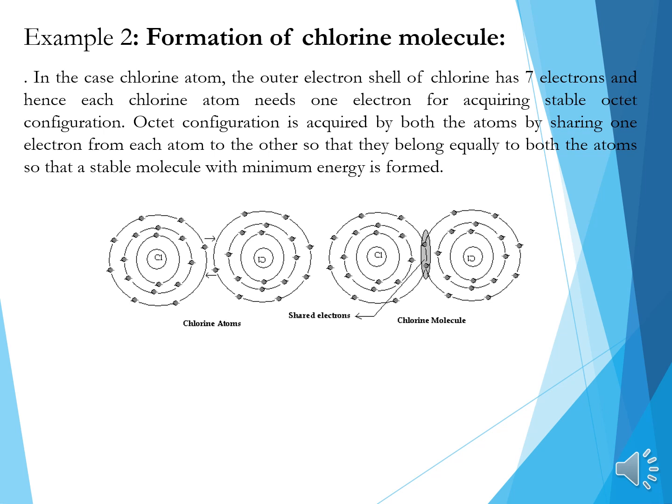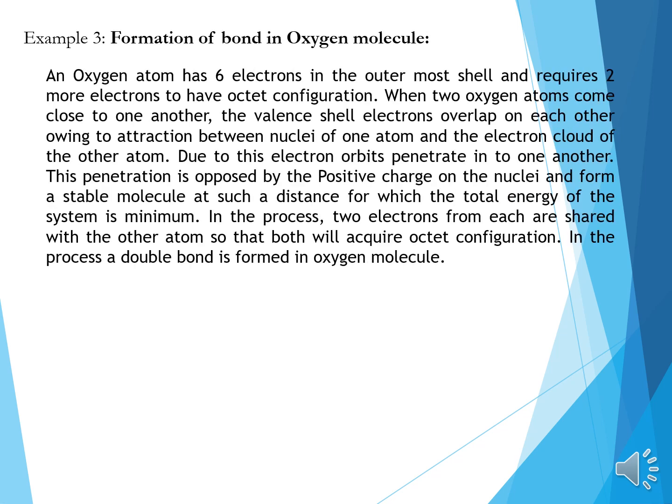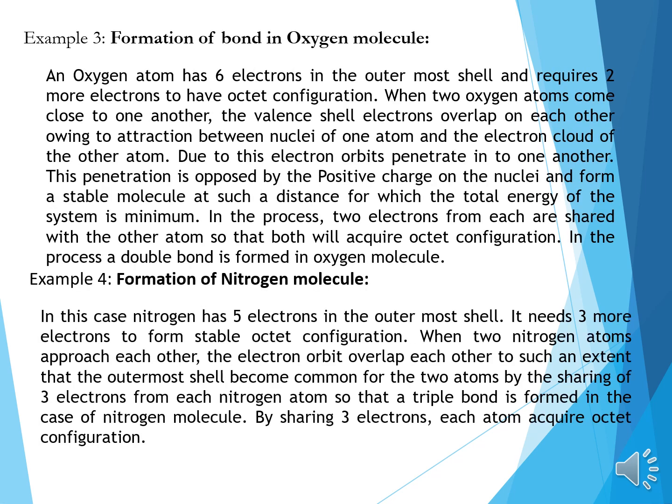Octet configuration is acquired by both the chlorine atoms by sharing 1 electron from each other so that they belong equally to both the atoms, and a stable molecule of chlorine is formed with minimum energy, as shown in the figure. Similarly, the formation of oxygen molecule and nitrogen molecule is understood.